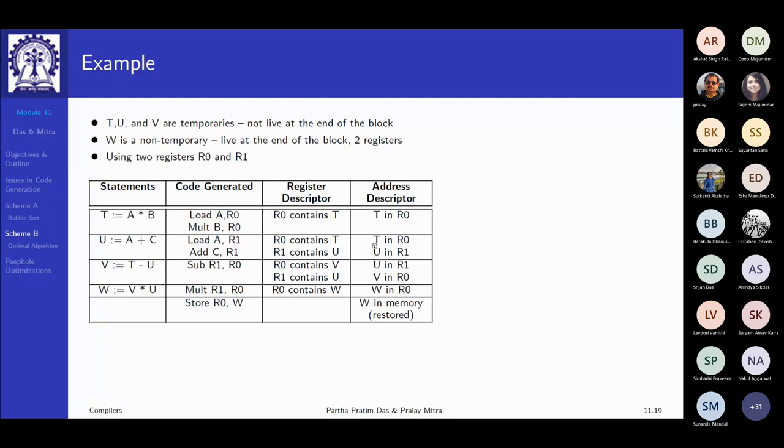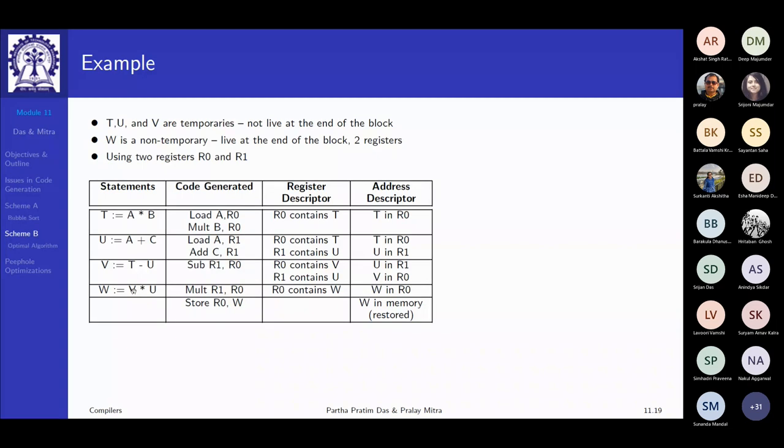So you return R0. Then you try to find where is U. You find U is in R1. So you have got T in R0, U in R1, and you subtract R1 from R0, and the result will be in R0. So R0 now is updated from T to V, and V is in R0. T is not anywhere, it's lost. You don't need it.